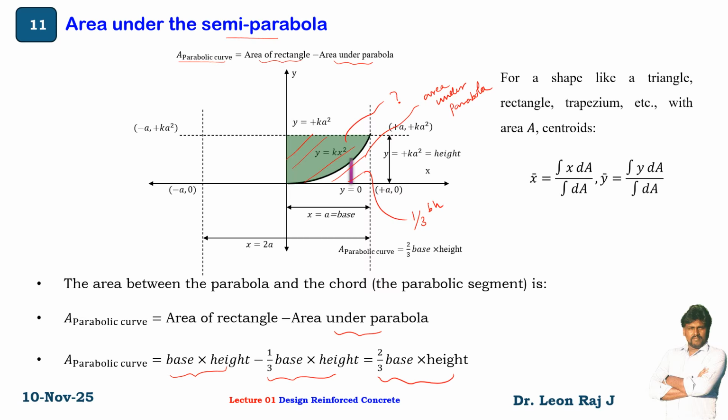The centroid formulas are given: x bar equal to integral of x dA divided by integral of dA, and y bar equal to integral of y dA divided by integral of dA. In simple terms, what is meant by centroid? Centroid is the line of action of the force for the respective area.